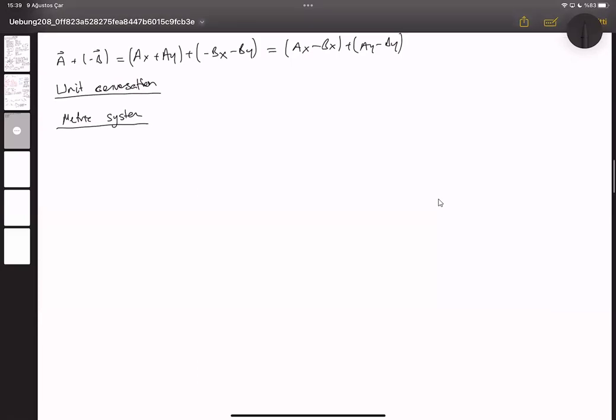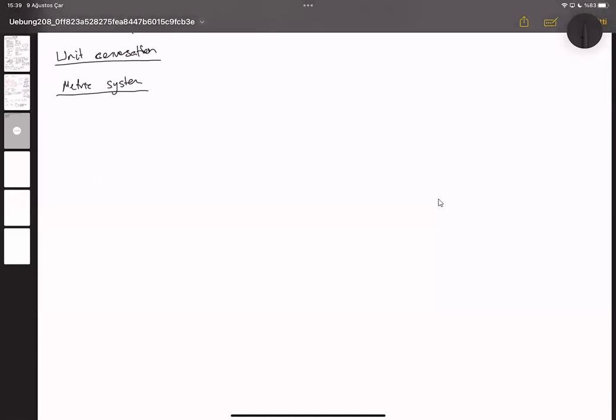For example, the zeroth power of 10 makes our base. We can say the base is, for example, the meter, because 10 to the power of 0 makes 1. One meter is a base point for us.